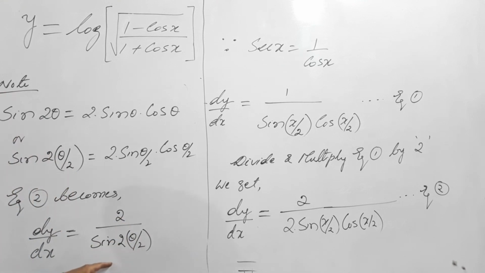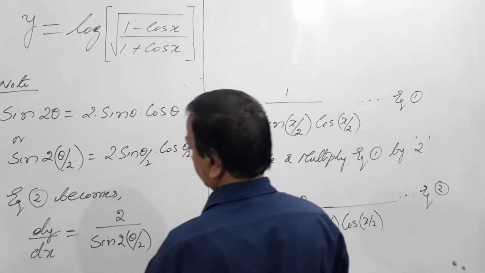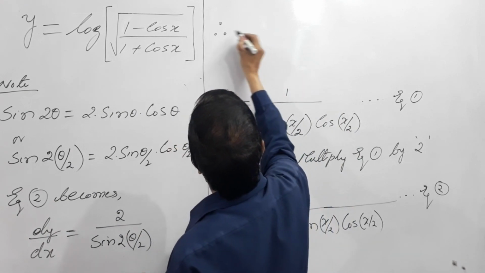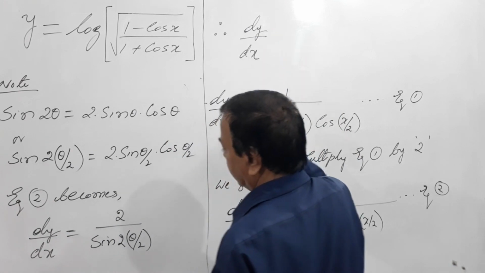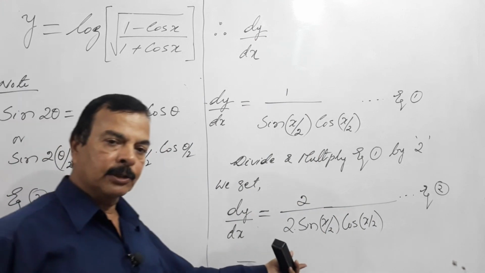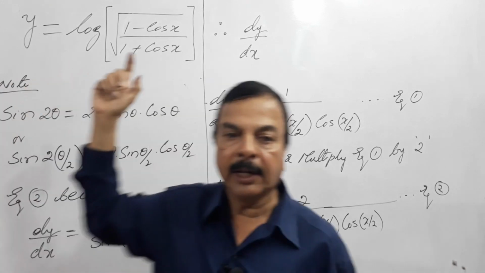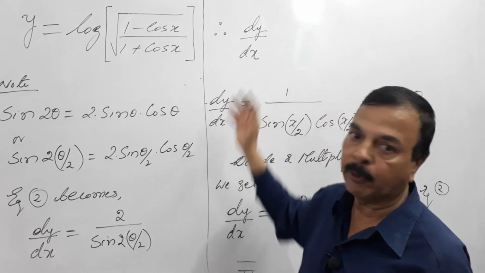What is the reciprocal of sin theta? 1 by cosecant theta. Therefore dy by dx, if you want you can stop at this, no problem, but I want to bring it to a similar form as the previous problem, that's why I am going one step ahead.